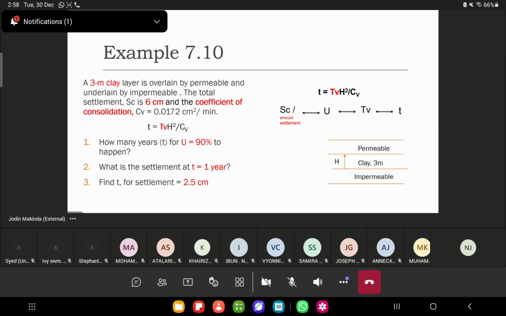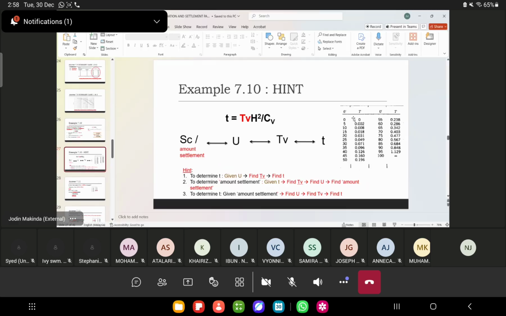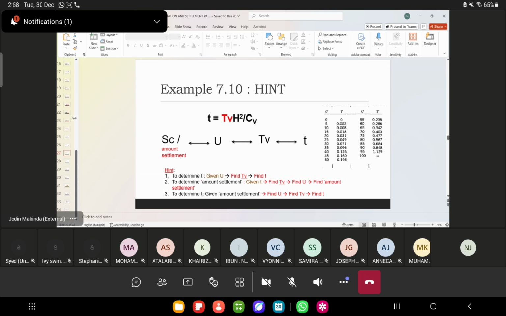Similarly, if you're given time T and you want to find amount of settlement, you use time to find TV, the time factor, to find fraction of consolidation U, and using U to find amount of settlement. That is the tips. This is the important tips.